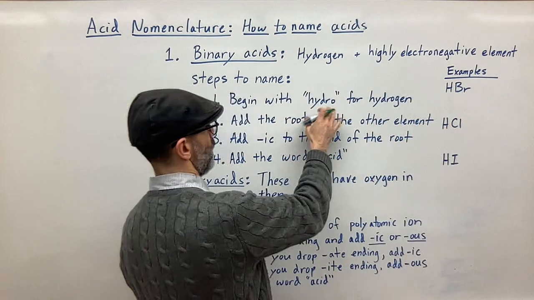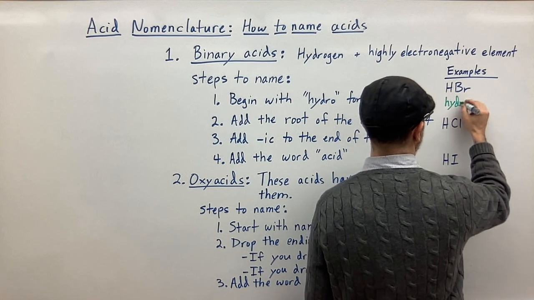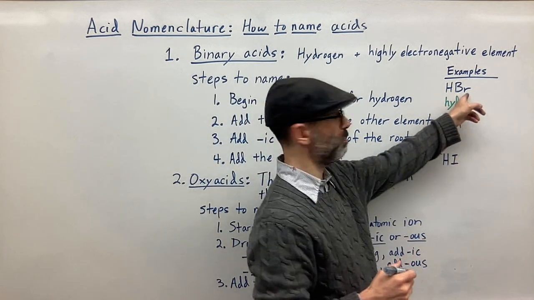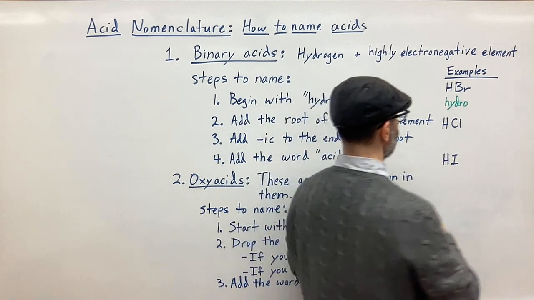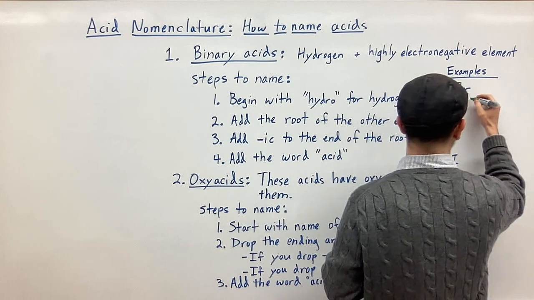The first thing is to write hydro for hydrogen. So we have hydro, and then bromine here is our second element, so we're going to add that, but we're going to drop the ine ending, and we're going to have just brom.